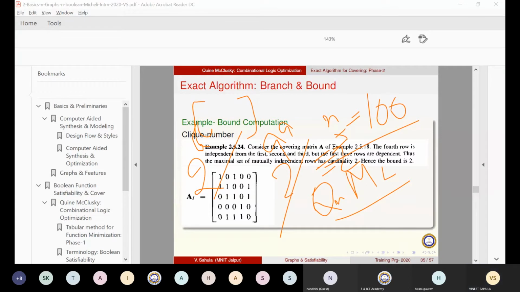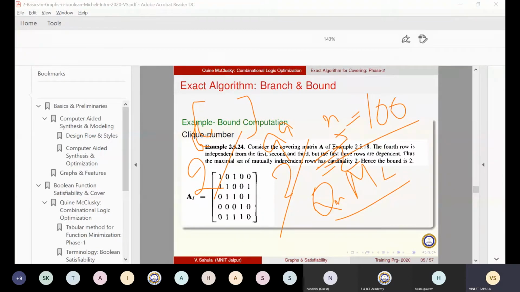Phase 2. Fine. How do you do it? The number of minterms is too large. Even the number of columns is also large.